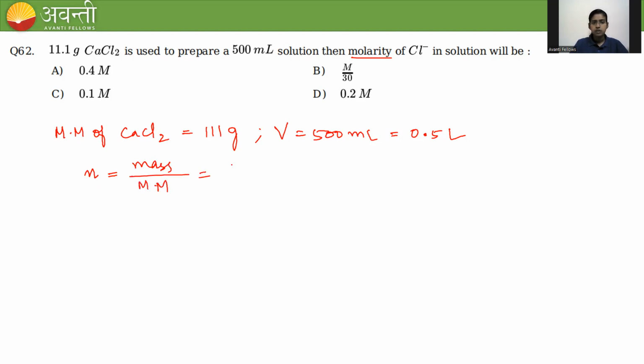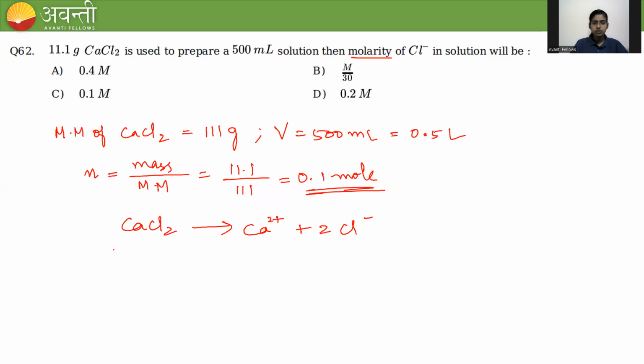So the given mass is 11.1 and the molar mass is 111, which is coming out to be 0.1 mole. The calcium chloride will get dissociated into calcium 2 plus and 2 Cl minus. And here 0.1 mole of calcium chloride is giving 0.1 mole of calcium 2 plus ion and 2 into 0.1, that is 0.2 moles of Cl minus ion.